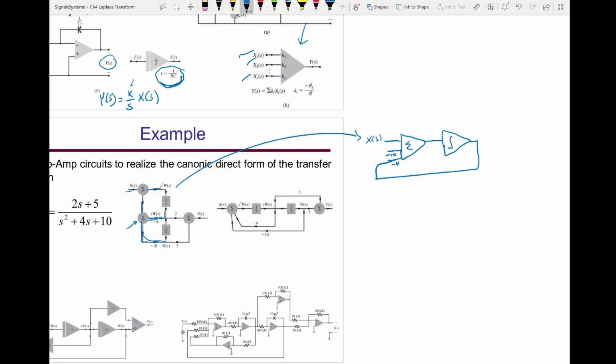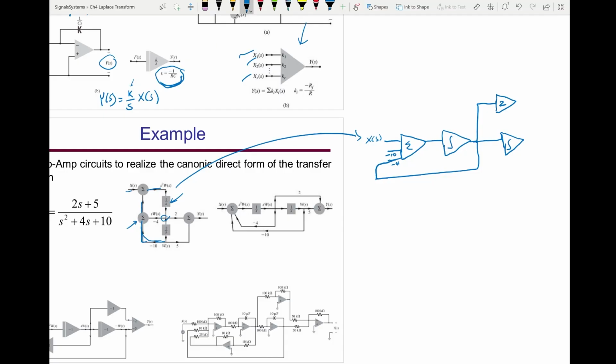This is the -10, this is the X of S. So one output goes here, we did it, and one branch goes to an amplifier of 2, and another branch goes to an integrator. So we cover this node. We are done with this. It has 3 branches, 1, 2, 3.